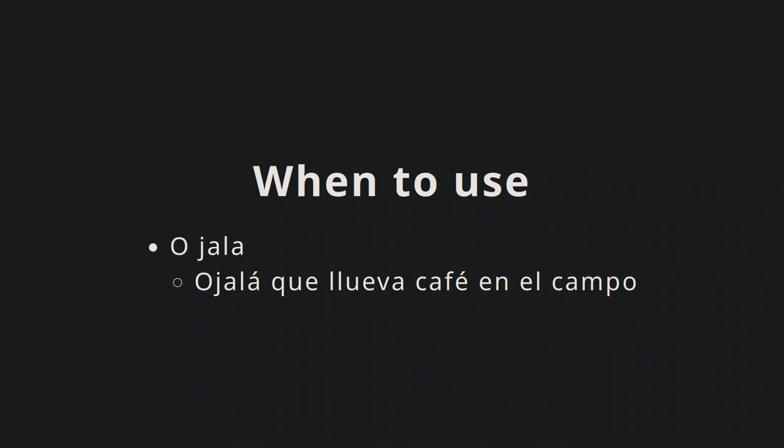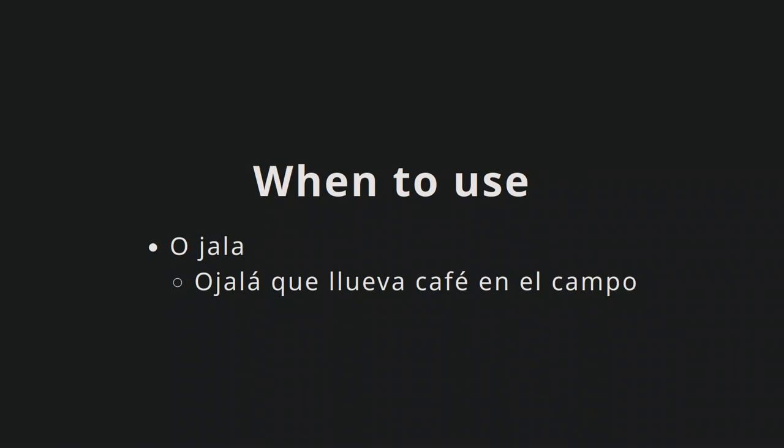And finally, ojalá. There should be an accent mark on the A on the first ojalá. Ojalá is an interesting example, and it kind of falls into the desires category if you really want to. The etymology of ojalá is inshallah, which is Arabic for I hope to God or I wish to God, something along those lines.